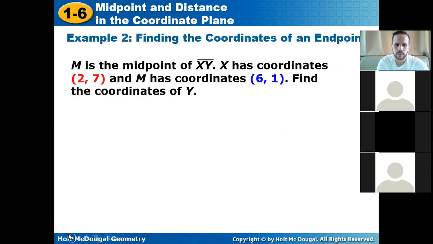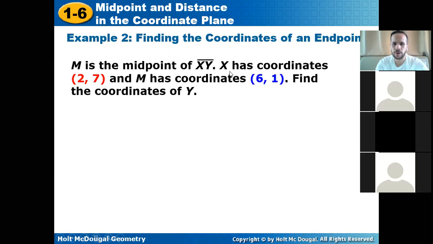Perfect. So we're gonna do now another kind of example. We're gonna be finding the coordinates of an endpoint. This example says the following: finding the coordinates of an endpoint. M is the midpoint of segment XY.